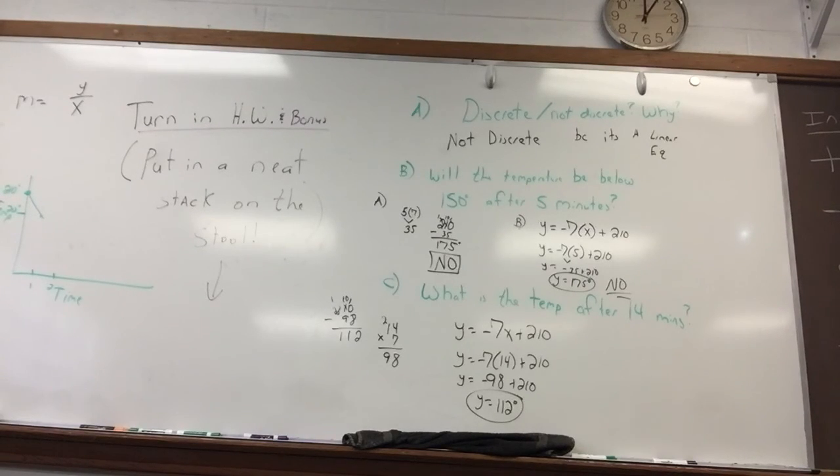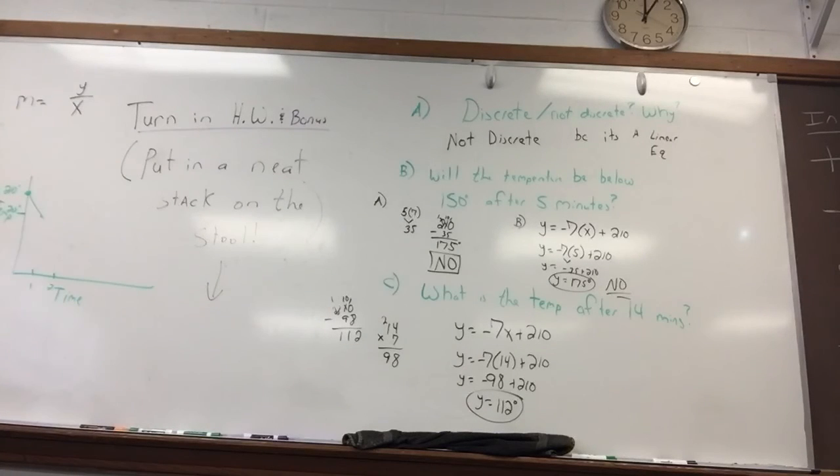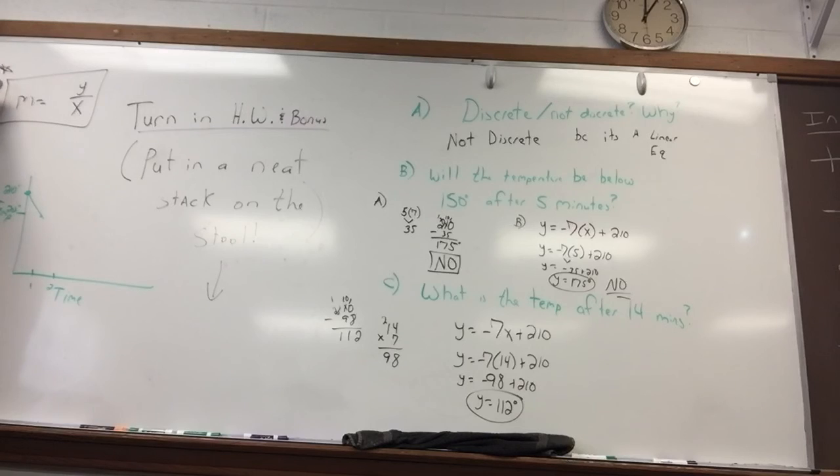So you should be doing these on a separate piece of paper. I am telling you that for all of them, that's your hint. So you are at the homework, the problem set.